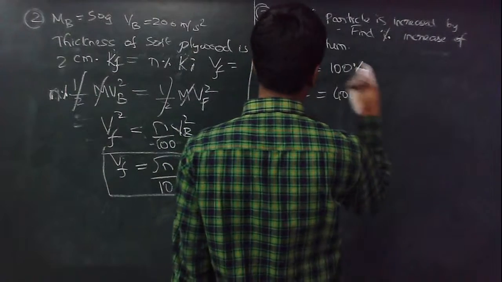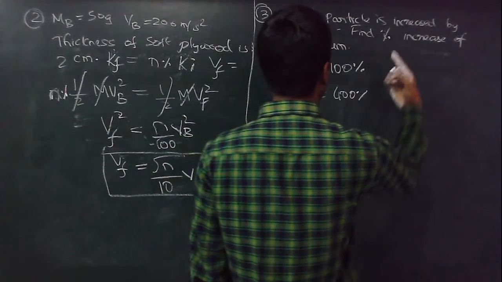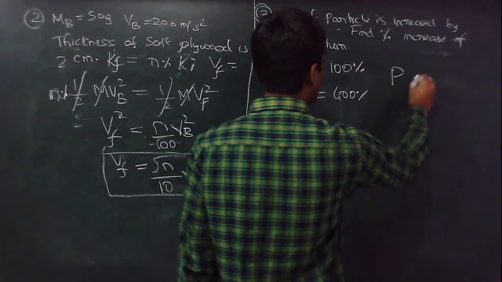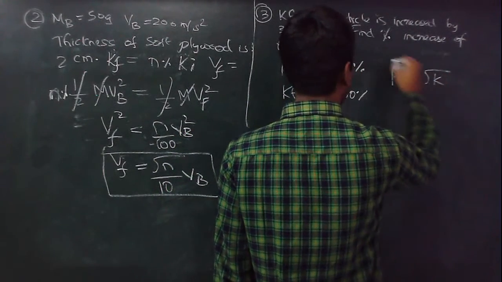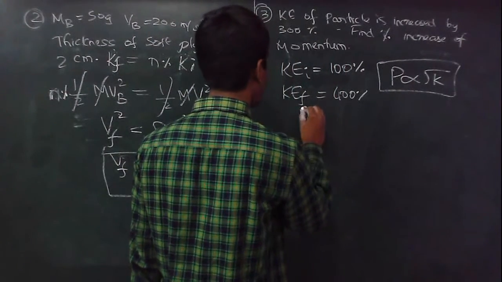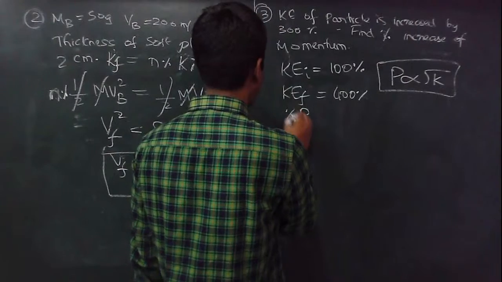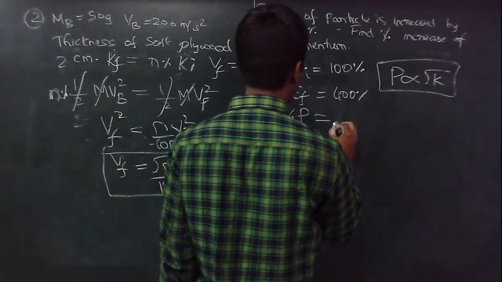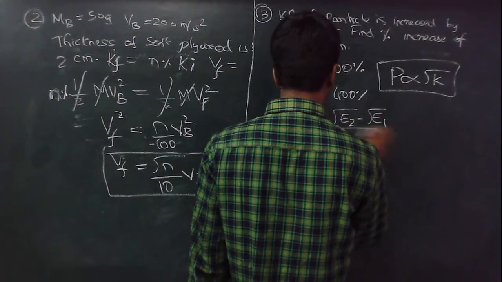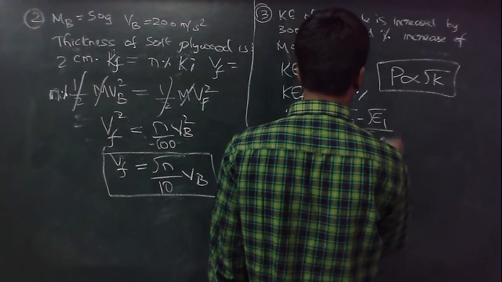Now for the percentage of the momentum, momentum is proportional to root KE. So percentage of P is equal to square root of E2 minus square root of E1 upon square root of E1, into 100.